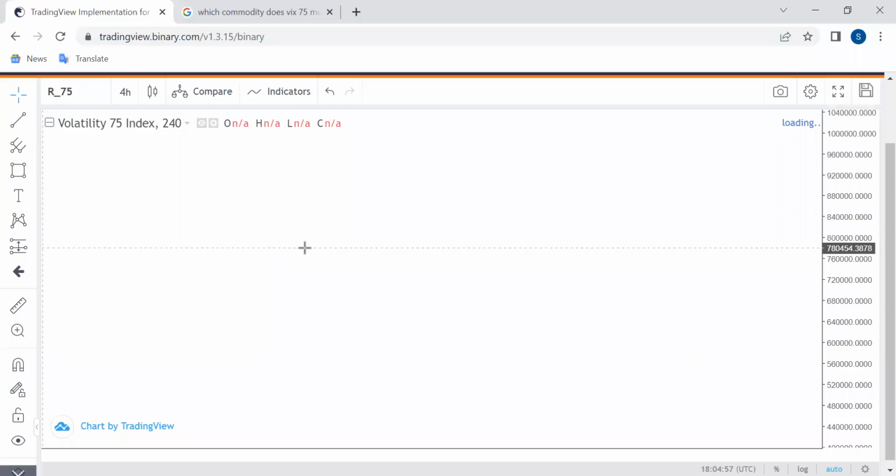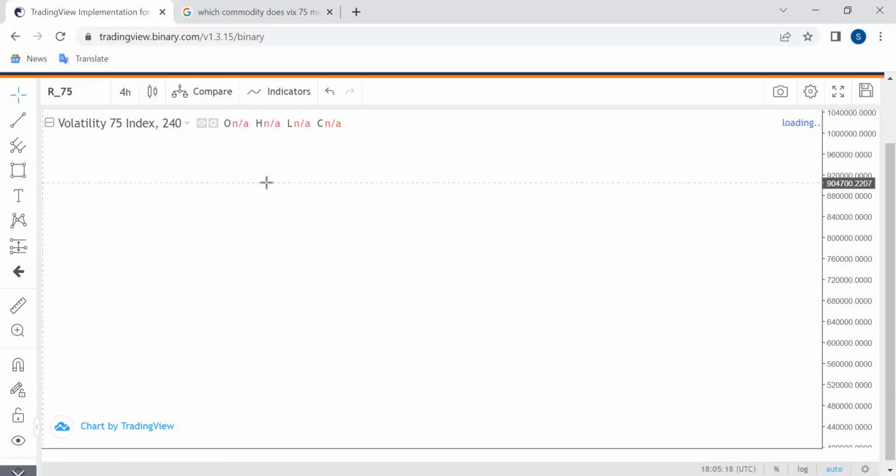I don't know why it's taking so long to load. So let me just continue explaining as it loads. As the year ends, markets tend to slow down because a lot has been happening throughout the year.